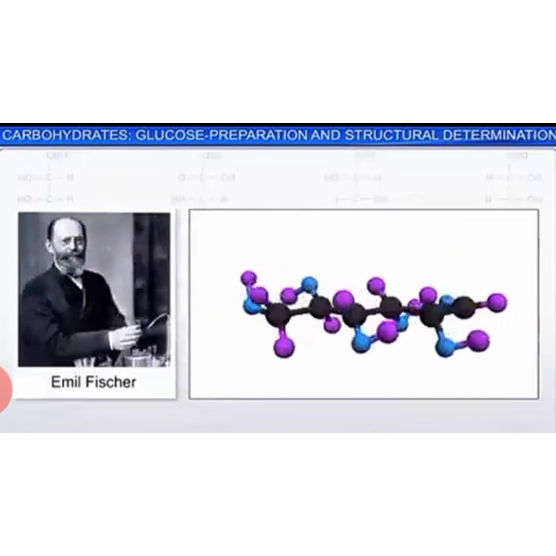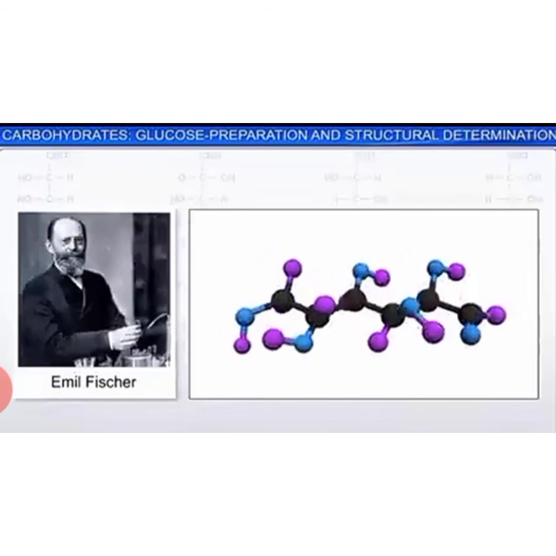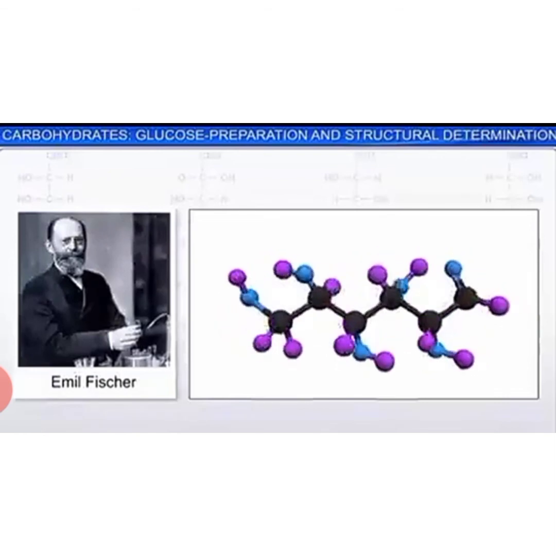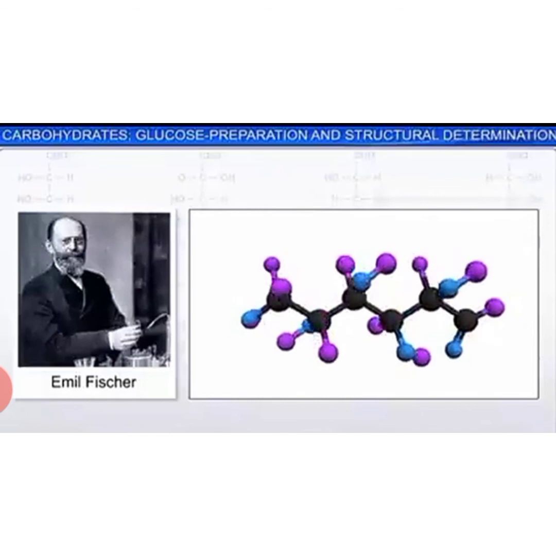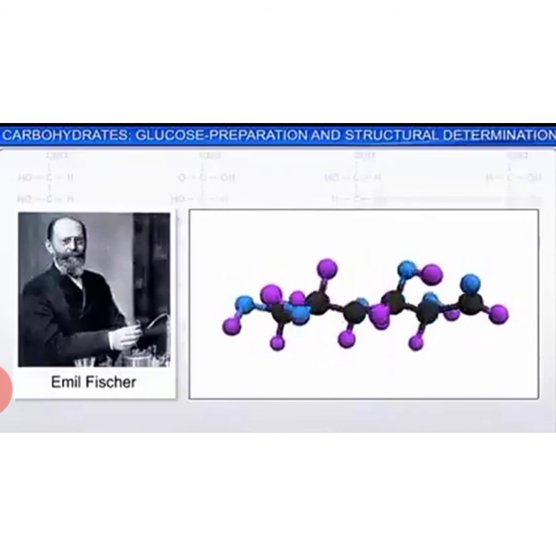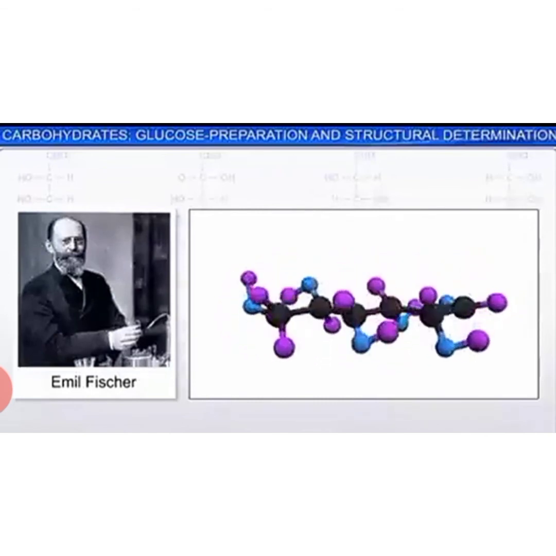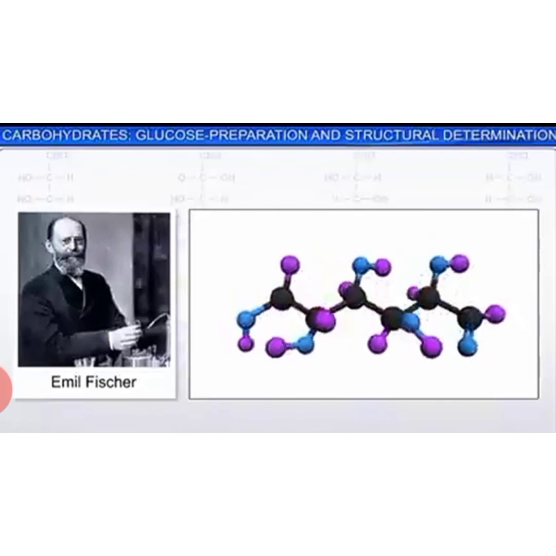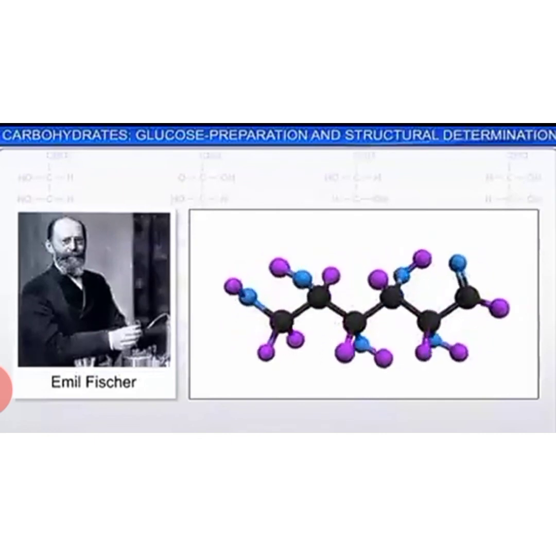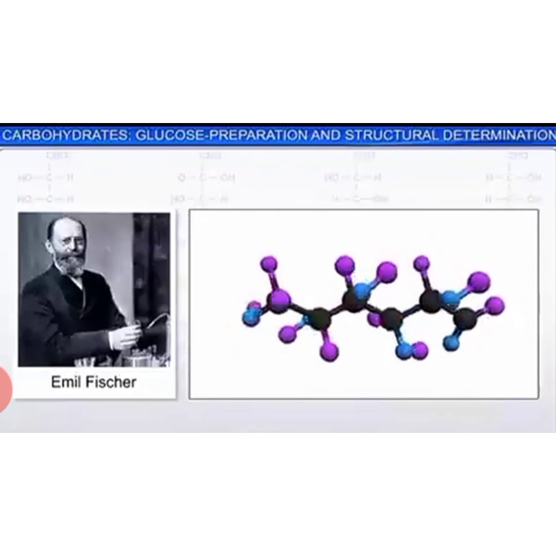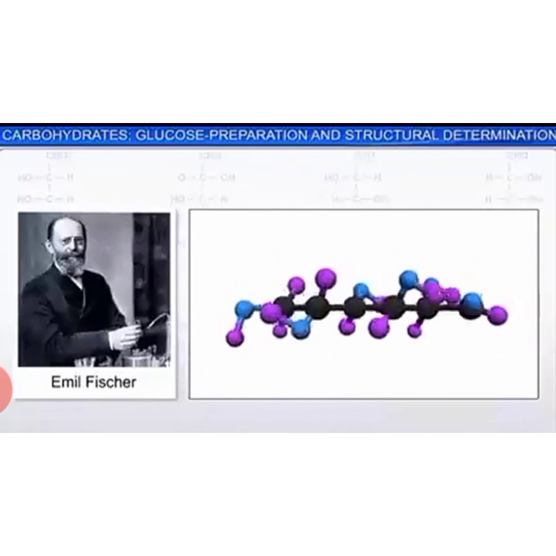It was truly an intellectual feat to identify which of the 16 possible stereoisomers of aldohexoses matched the structure of naturally occurring dextrorotatory glucose. Fischer won the Nobel Prize in chemistry in 1902.